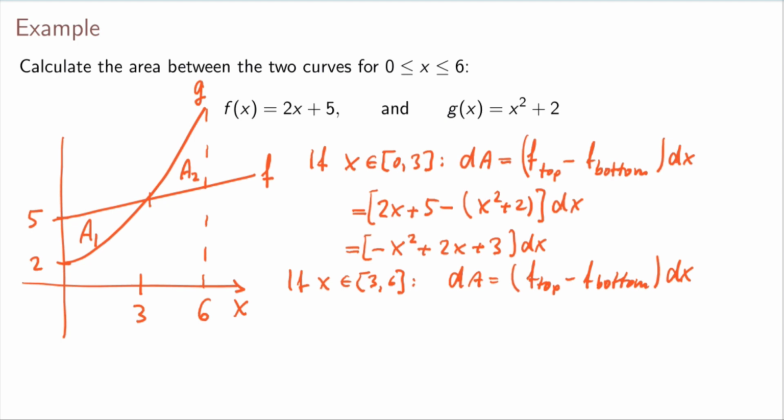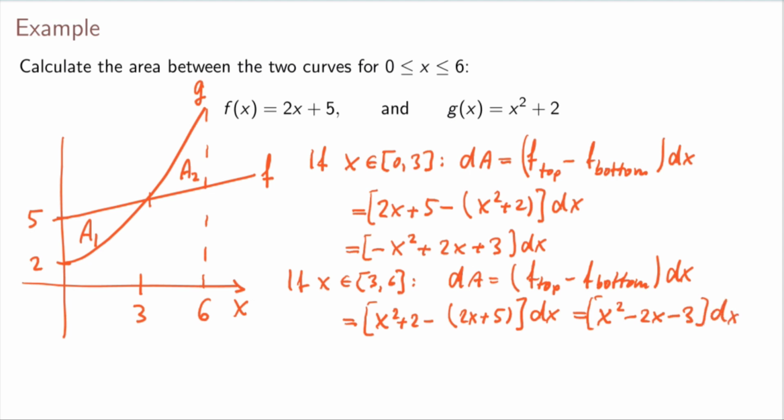So now the top function is g. So then we have x squared plus 2 minus the bottom function, f, 2x plus 5, in brackets, so that the minus sign carries nicely. And then we get x squared minus 2x minus 3, all this dx.